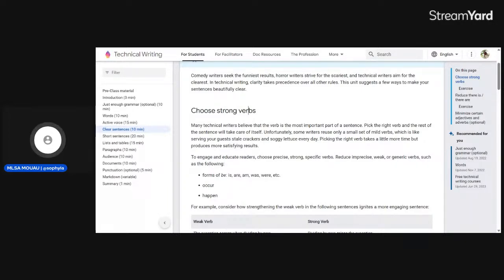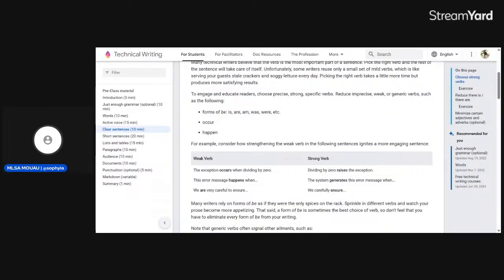So pick the right verb, and the rest of the sentence will take care of itself. So a verb is an action word. So what this is trying to say is that if you pick the right verb to explain this sentence, it will be easy and it will be very clear for the reader.